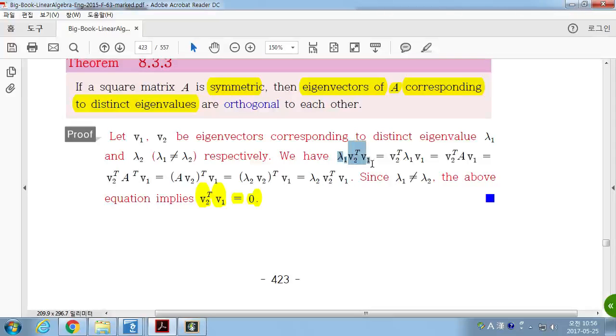So this is the same as this. If you subtract this from here, then lambda 1 minus lambda 2 times this is 0. But lambda 1 minus lambda 2 is not 0. So this term, V2 transpose V1, should be 0, which means the inner product of V1 and V2 is 0, which means V1 and V2 are orthogonal. So if you have distinct eigenvalues lambda 1, lambda 2, then its corresponding eigenvectors are always orthogonal. Not only linearly independent, but orthogonal, which is much better.